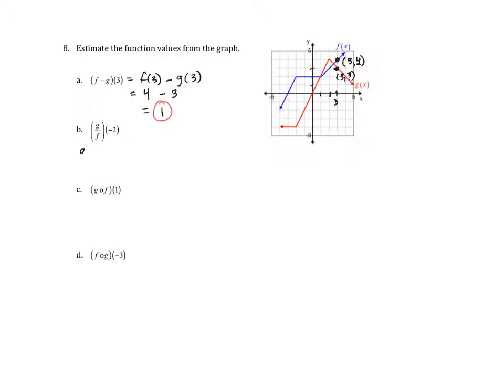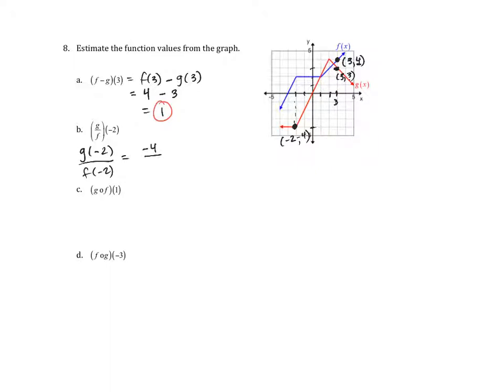And here I can evaluate g of negative 2 and then divide that by f of negative 2. And let's go and figure out what the output is from the g function. The g function is down here, so that's an ordered pair, negative 2, negative 4. So when x is negative 2, the y value there is negative 4.